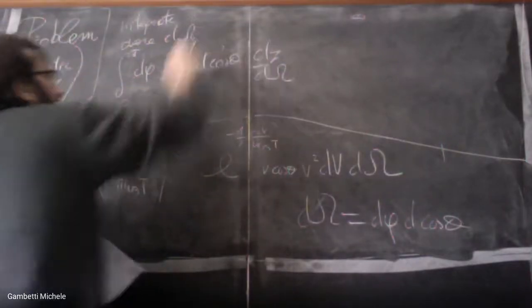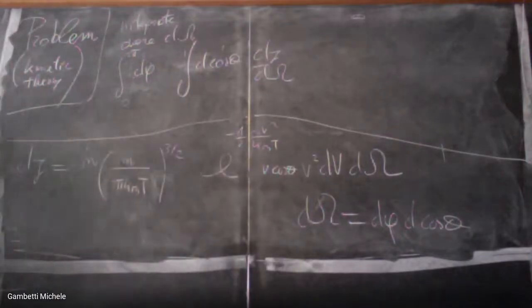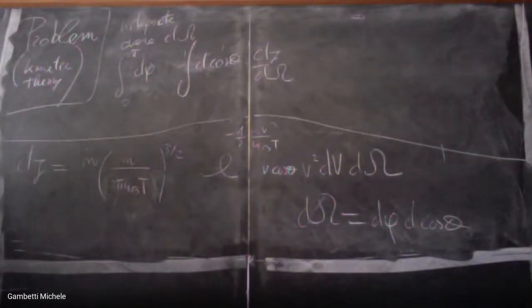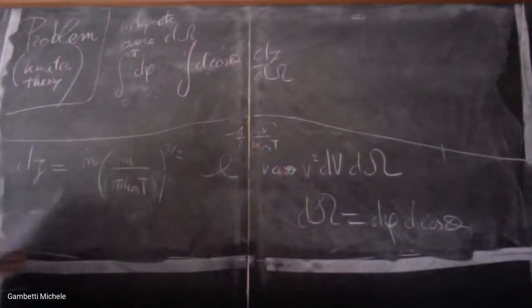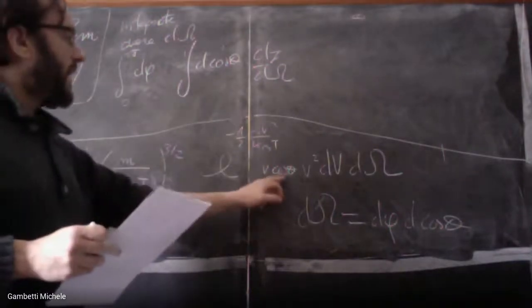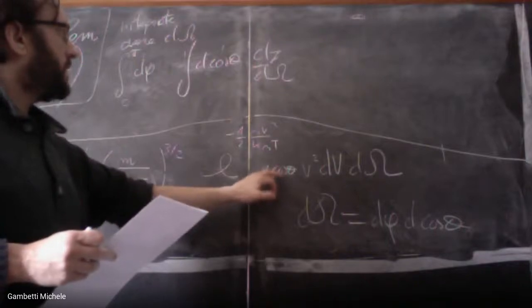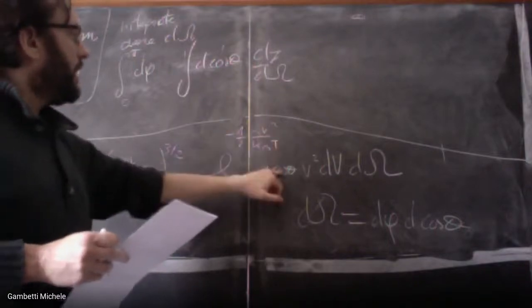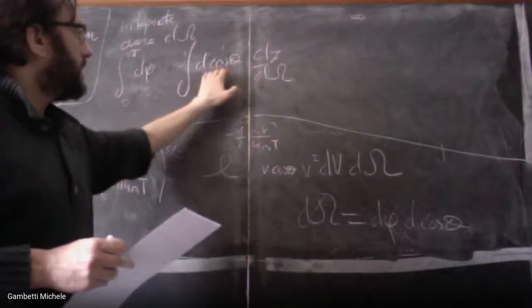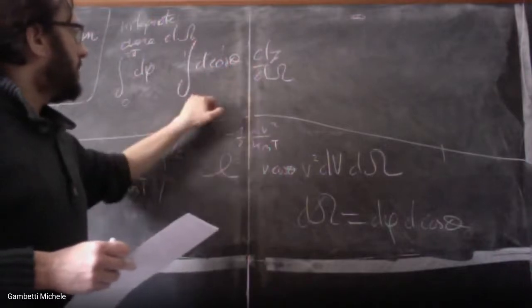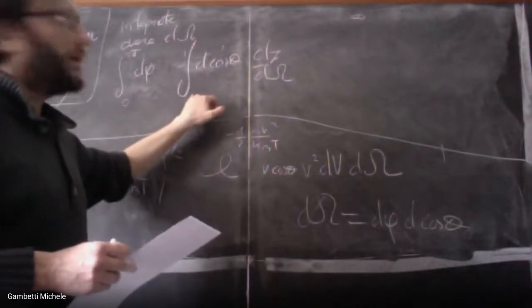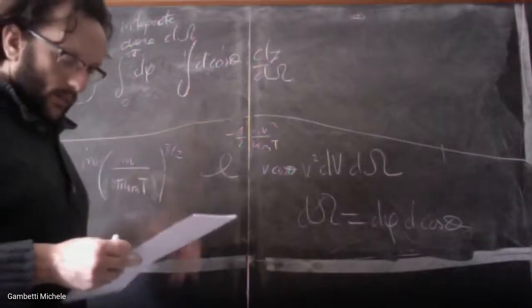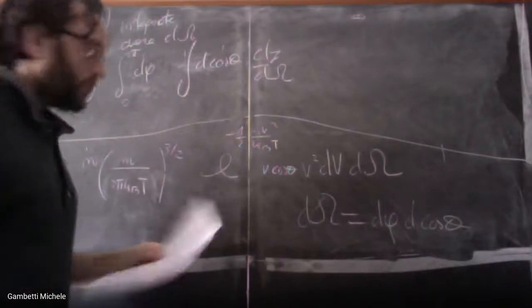Now this is the important thing. When I integrate over cos θ, here I have a dependence on cos θ, and the integral goes not from -1 to 1, but from 0 to 1.